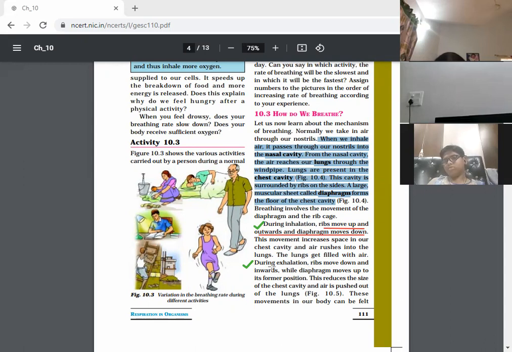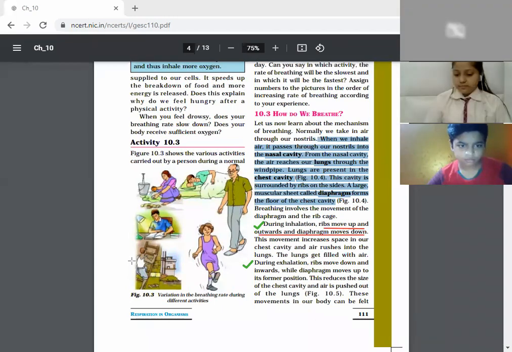Now we have to do exhalation. What happens during exhalation? Ribs move down. I want each one of you to breathe out. Kindly breathe out after taking a long breath. Then what happens? Ribs move down and inward.